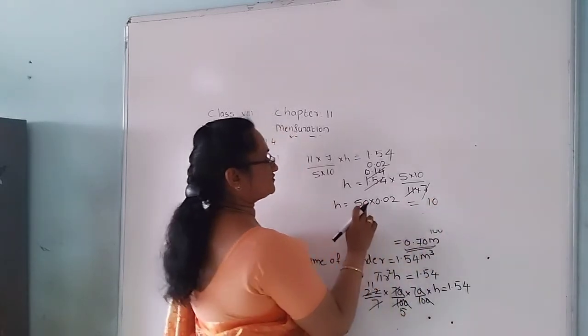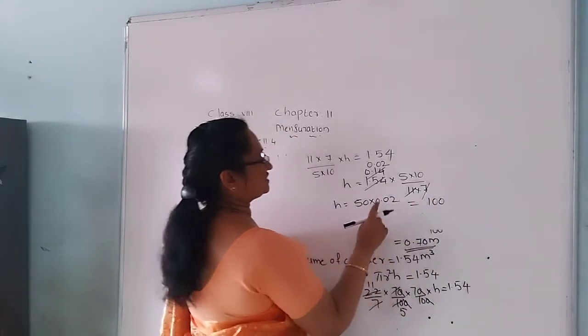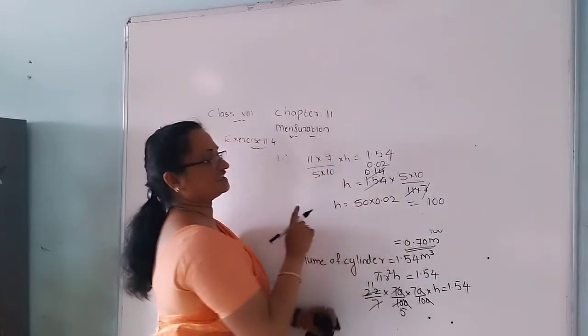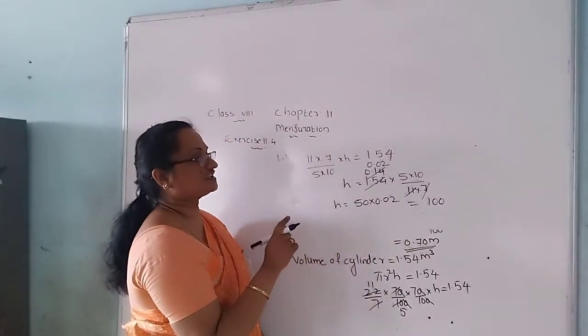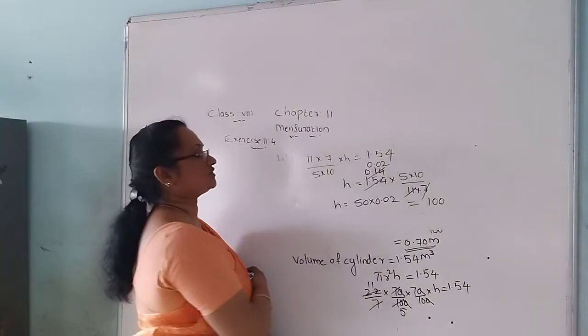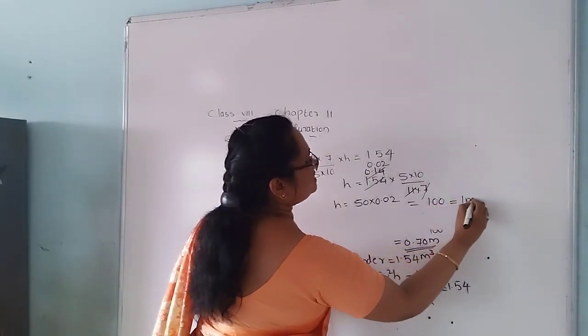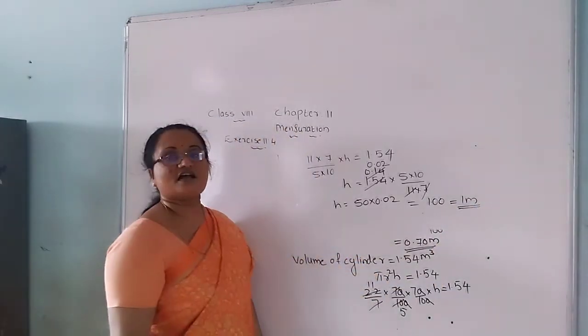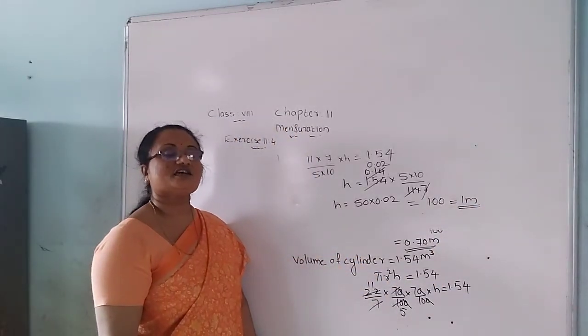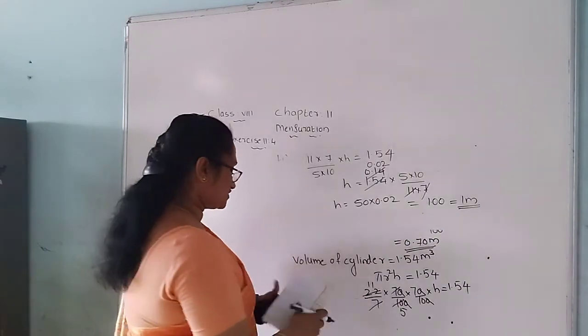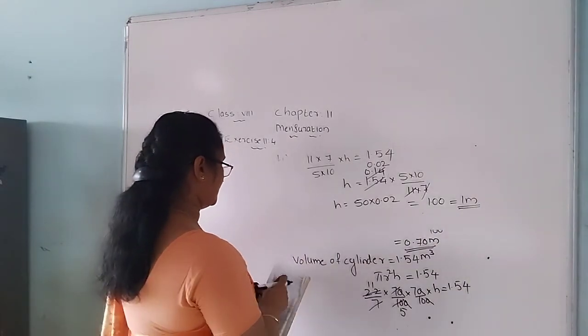Then after the decimal point, 1 0 also. After the decimal point how many digits are there? 2 digits are there. That's why from right to left take 2 places and put the decimal point. So the height becomes how much? 1 meter is the answer. The height we get is 1 meter. So I hope you can understand this question.